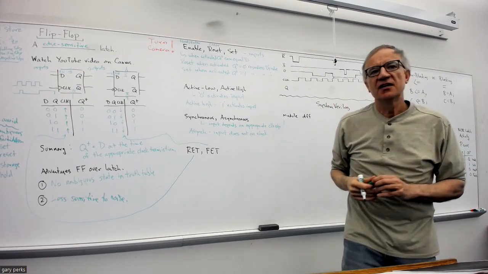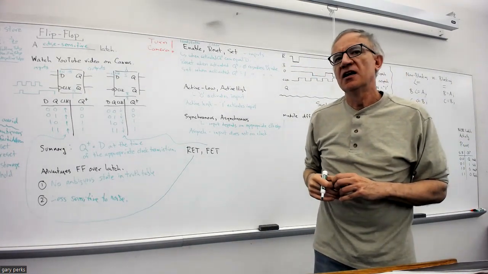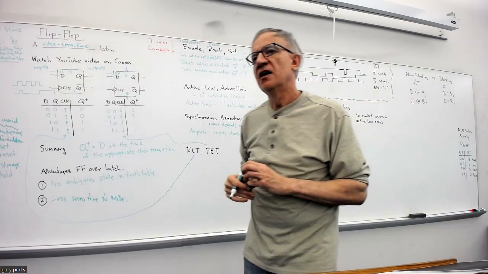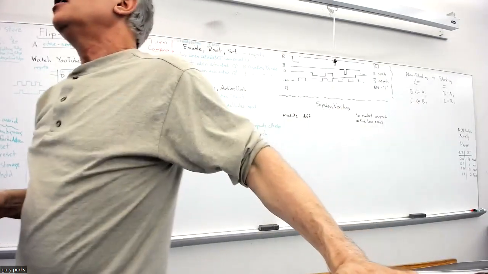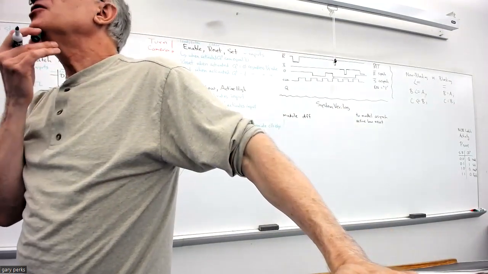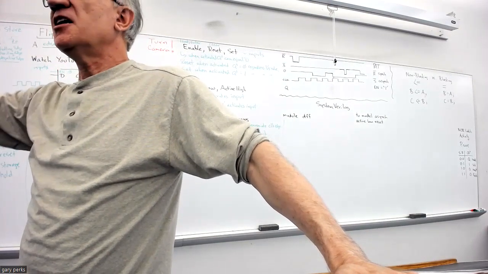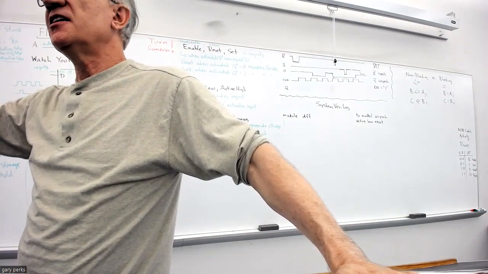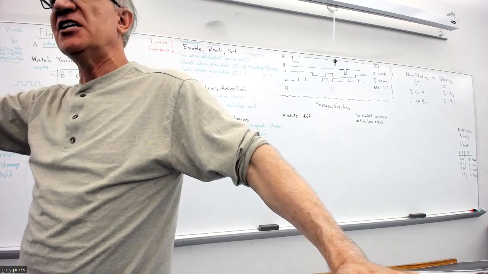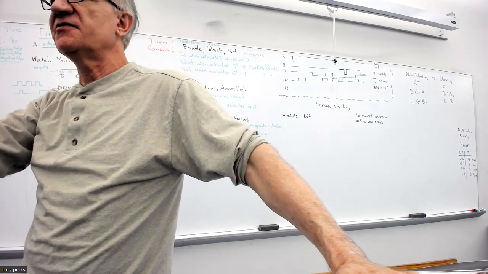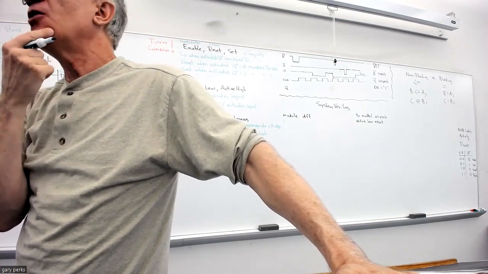Is the bar over the S, how it can be confusing, the same in SystemVerilog? In SystemVerilog, no. Anytime you put a not, whether it's the tilde in an equation, or the exclamation point in something like an if statement, that's always not.